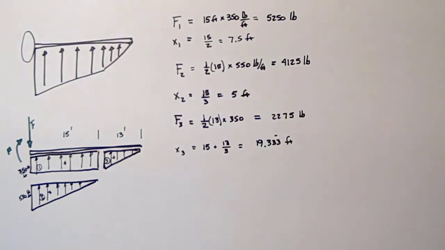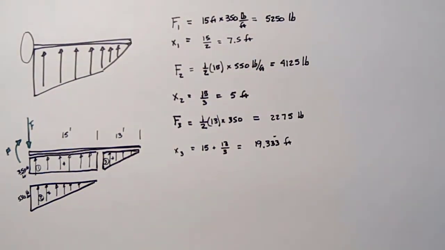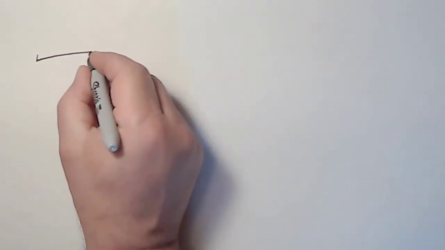So what does this problem look like now? We haven't finished yet. Let's go to a new page. My wing now looks like this.